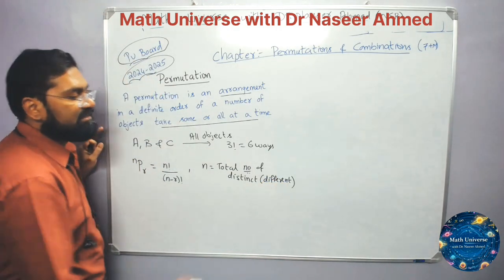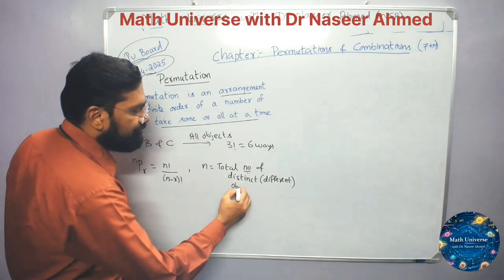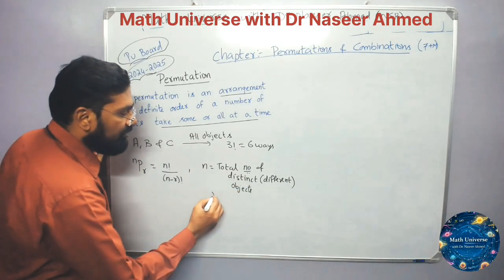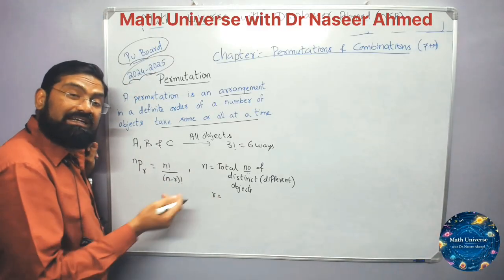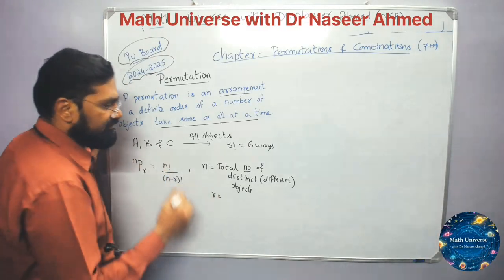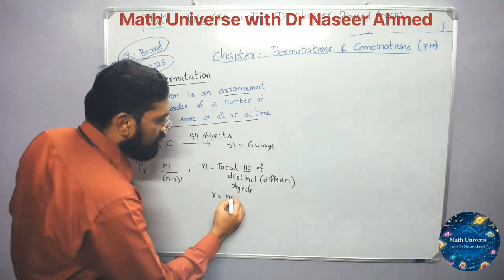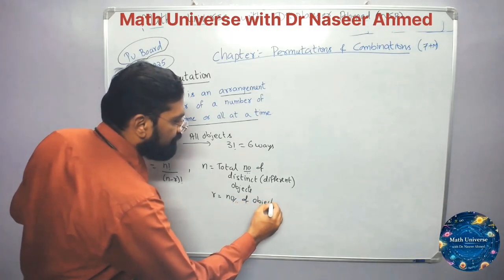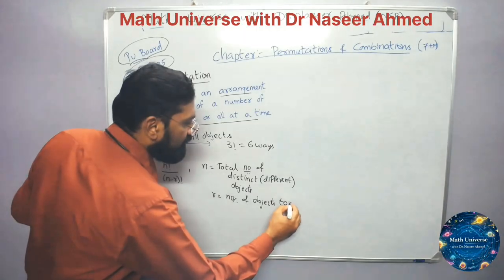Total number of distinct objects. What about r? r stands for the number of objects taken for arrangement.